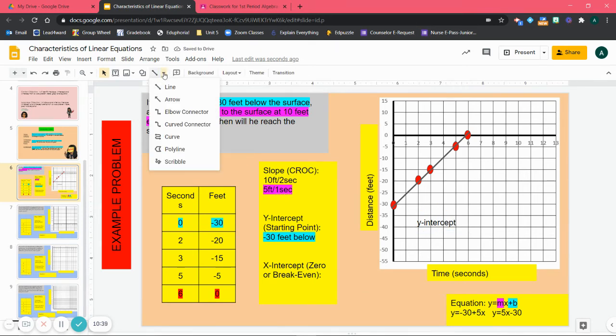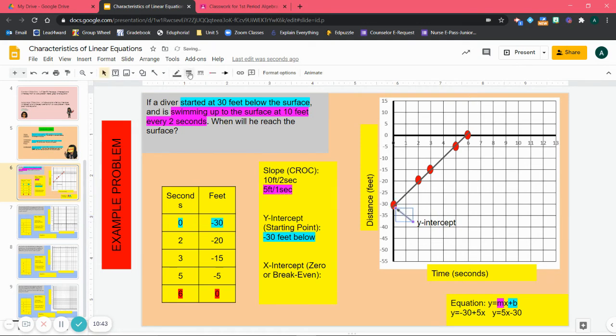And I'm going to put an arrow here going to that point. Okay. When the diver finally reaches the surface right here, okay, 0 represents the surface of the water because they were below water down here. Okay. So when the diver finally reaches the surface, it took him 6 seconds.